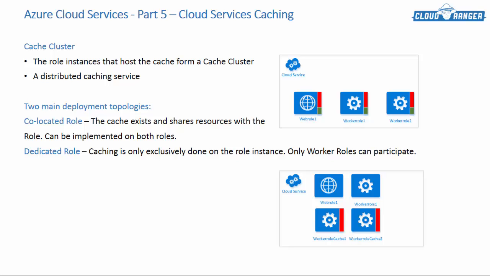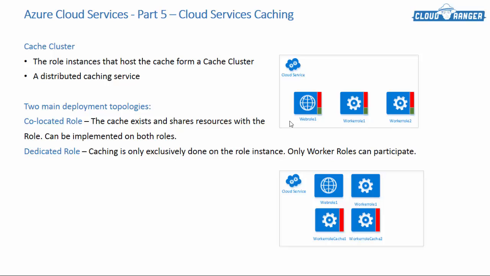There are two main deployment topologies when it comes to in-role caching in cloud services in Azure. The first one is a co-located role. Let's take our example, and say we have a web role here.